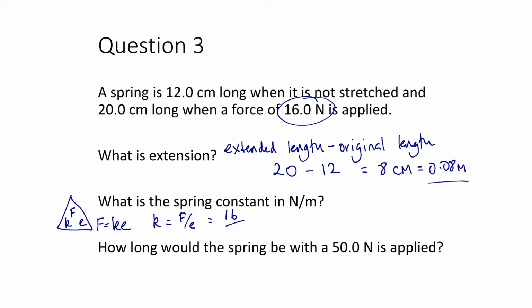We know the extension in metres, 0.08. And again, we can put that into our calculator, so 16 divided by 0.08. And that gives us a spring constant of 200 newtons per metre.